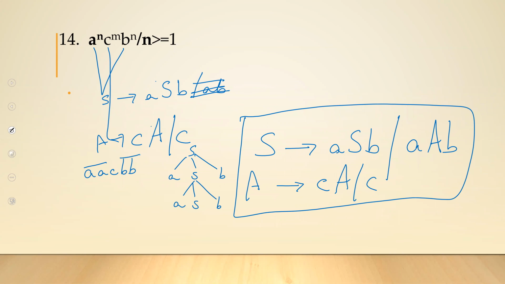Whenever I want a C in between, I will go for CAB, just a single C. So I'll go for my terminal. Whenever you want a C in between, you will be going for this production. So AA, CBB, satisfied. So this is the production rule when you want a C in between A and B, both raised to N.